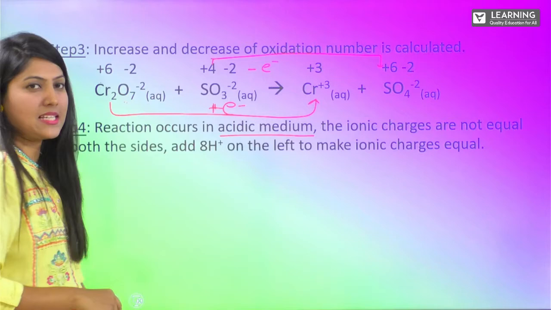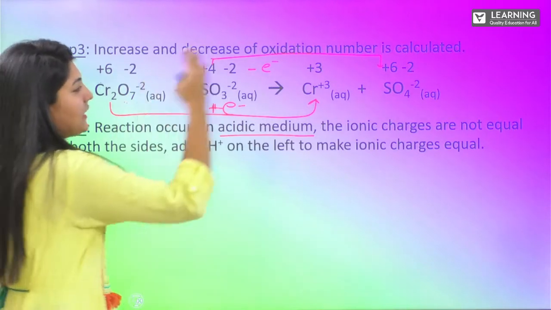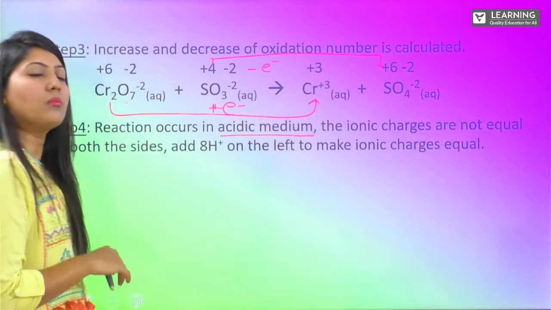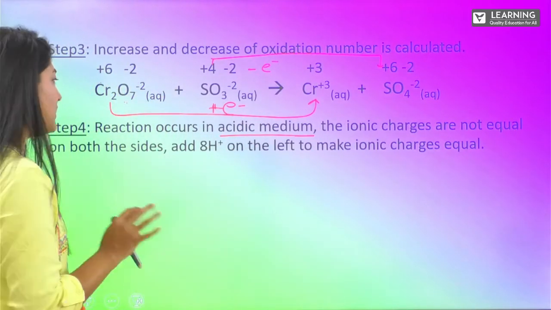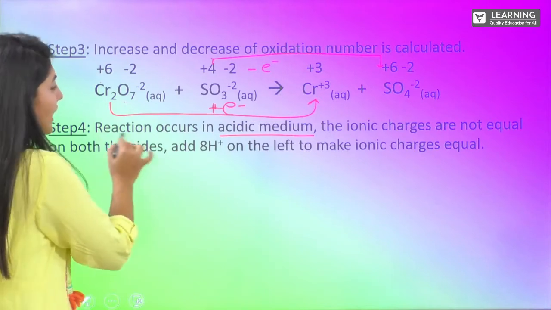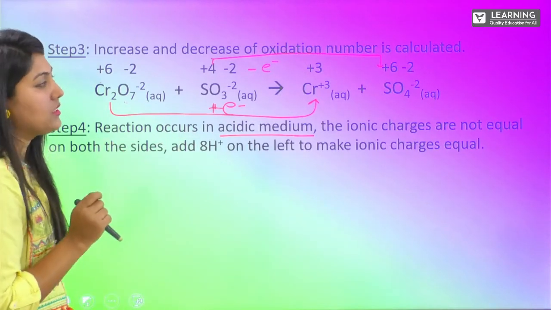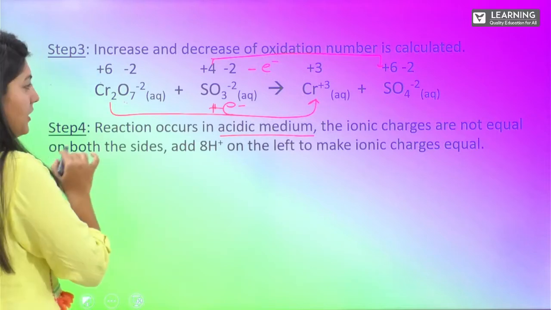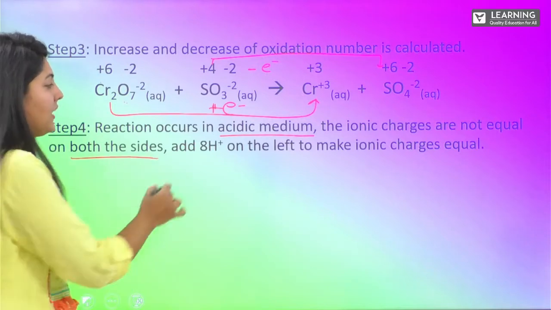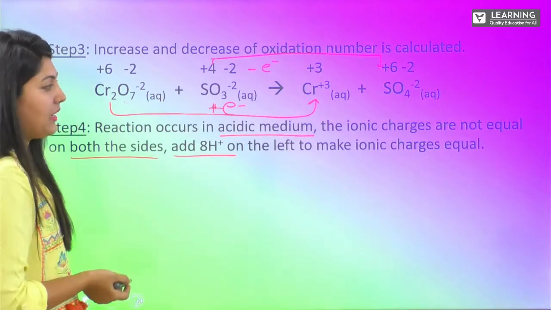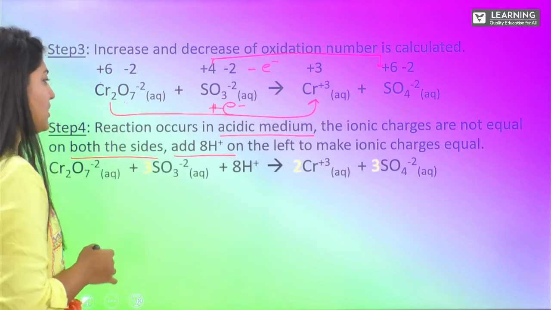It is 6, right? So you can directly add 6 water molecules on the other side. We'll check how to do it. The reaction occurs in acidic medium. The ionic charges are not equal on both sides. Add 8 H+ ions on the left hand side to make the ionic charges equal.